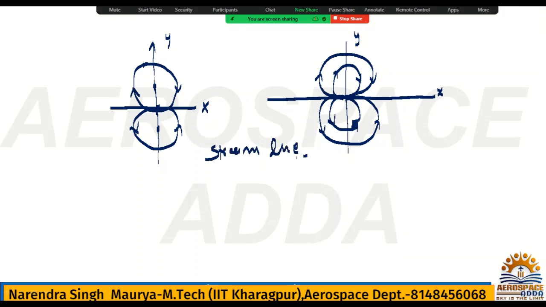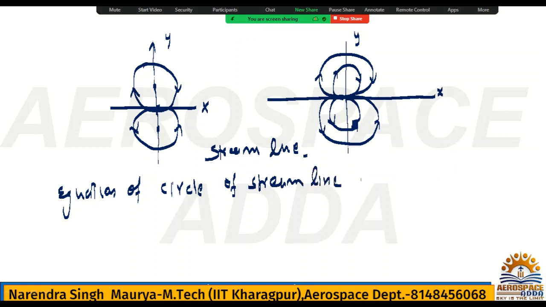Look carefully. So what will be the equation of circle? Equation of circle of streamline in this result is very important.